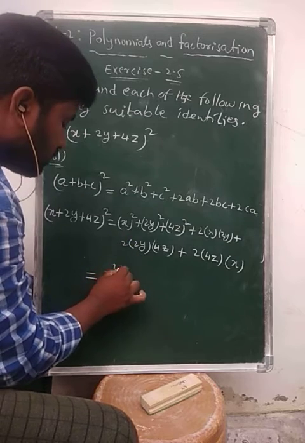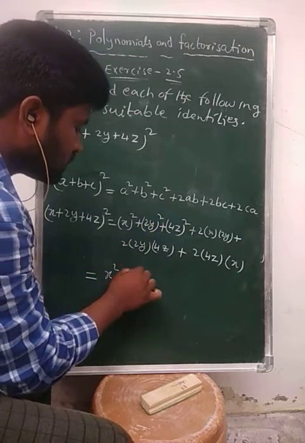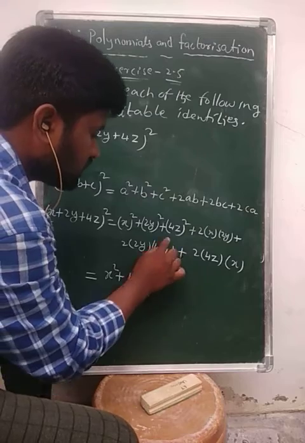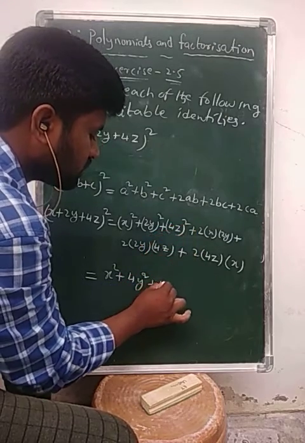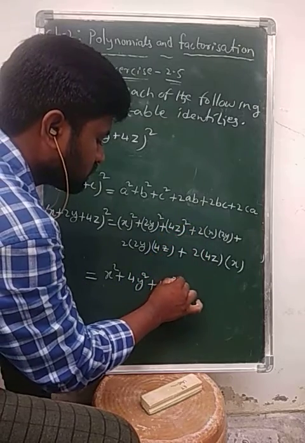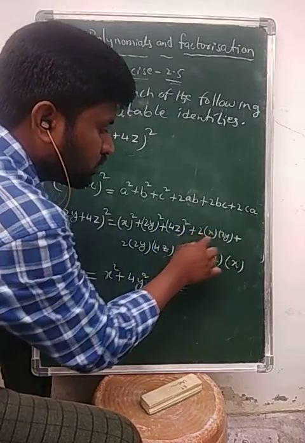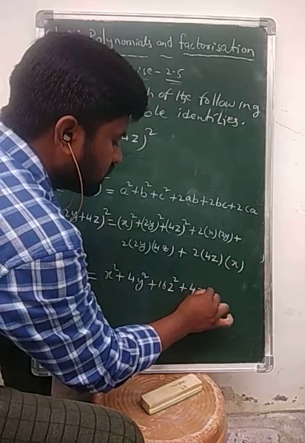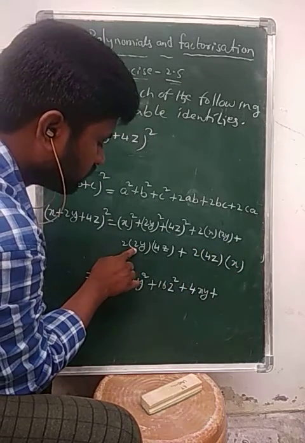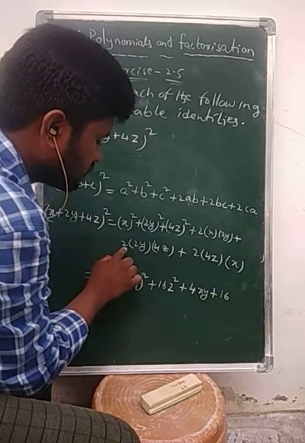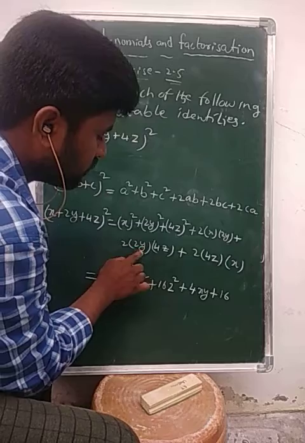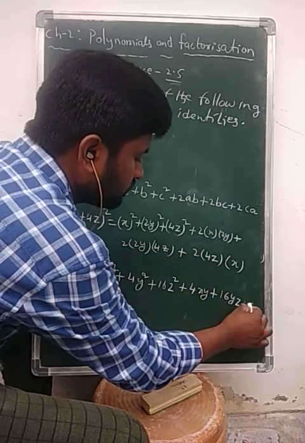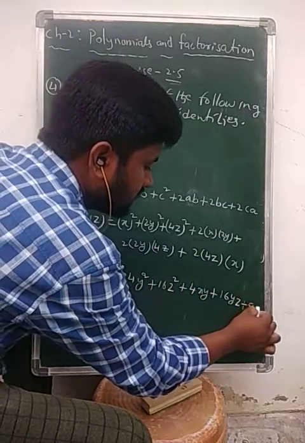So we can write it as x square plus (2y) whole square means 2 square means 4, y whole square means y square, 4y square, plus (4z) whole square means 4 square means 16, z square, plus 2 2s are 4, x into y that is xy, plus here also 2 2s are 4, 4 2s are 16, y into z that is yz, plus here also 2 4s are 8, z into x that is zx or xz.